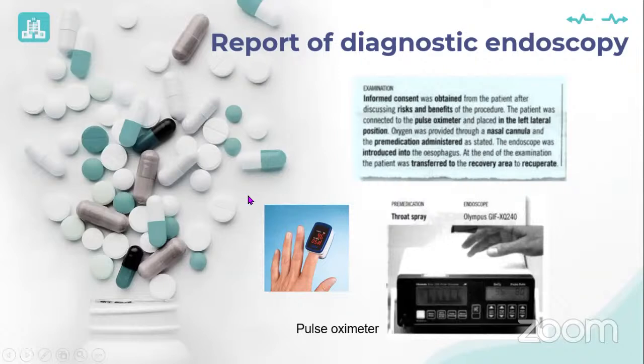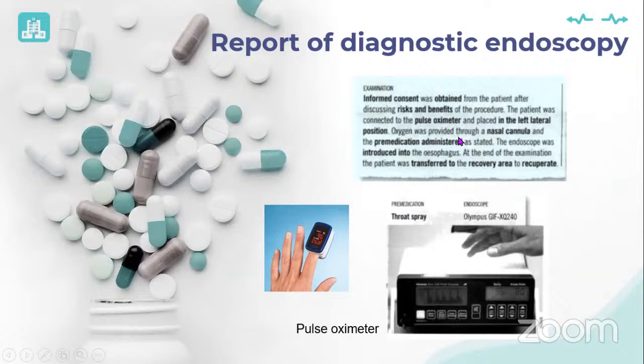Okay, thank you so much. Well, what we found on this examination: informed consent was obtained from the patient after discussing risk and benefits of the procedure. The patient was connected to the pulse oximeter and placed in the left lateral position.